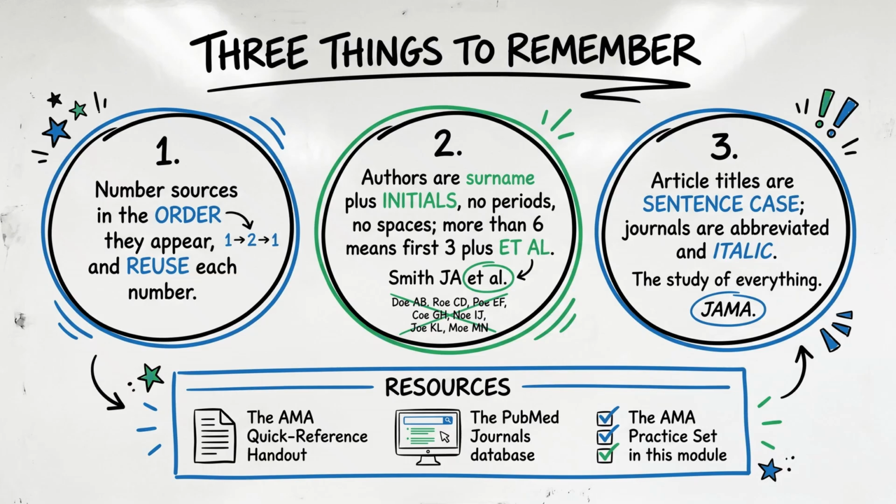Third, article titles are sentence case, while journals are abbreviated in italic. When you are working, keep the AMA Quick Reference handout open. Use the PubMed Journals database for abbreviations and practice on the AMA practice set in this module. That set is built from exactly these rules.